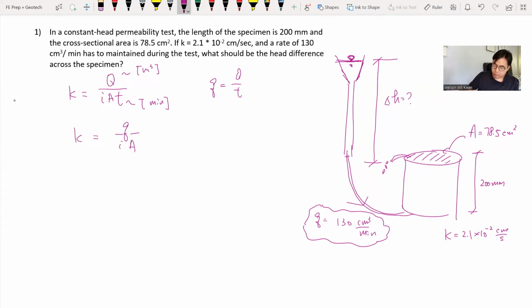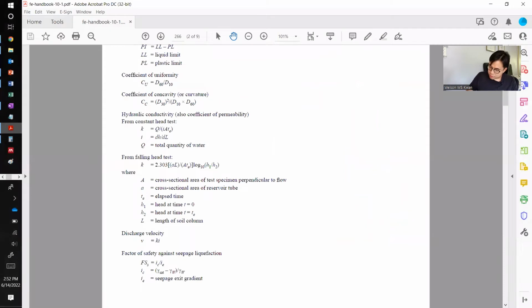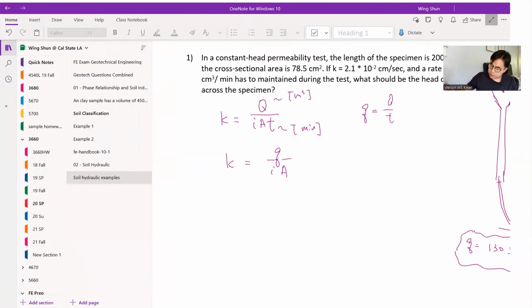If we organize these equations, then we got this. Again, we start from the FE manual equations, and then given what is provided, we got this equation right there. We are being asked to solve for delta H, and we don't have delta H in this equation, but we understand from the FE manual that delta H is related to the hydraulic gradient, which is part of the equation.